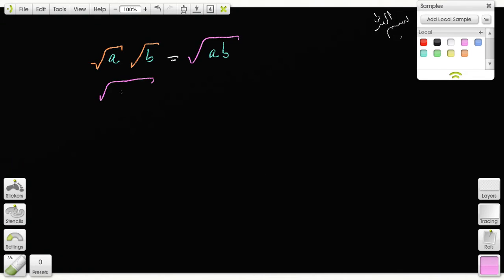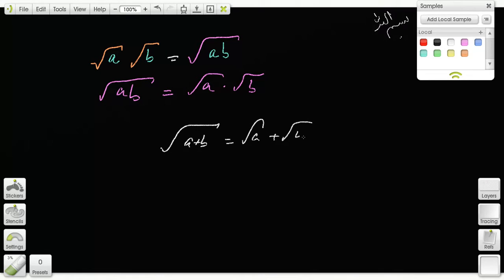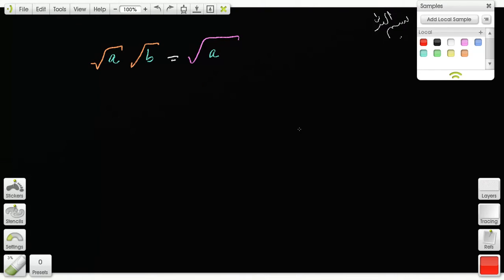If you have a square root like this, you can make it into two baby square roots. A times this. You follow? Not square root of A plus square root of B or something like that. Now notice, if you have square root of A plus B, you can't do this. This is haram. Only multiply. Does that make sense? I'm not going to write it backwards, but you understand it goes both ways.